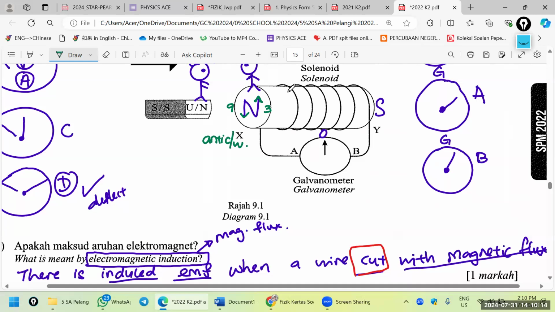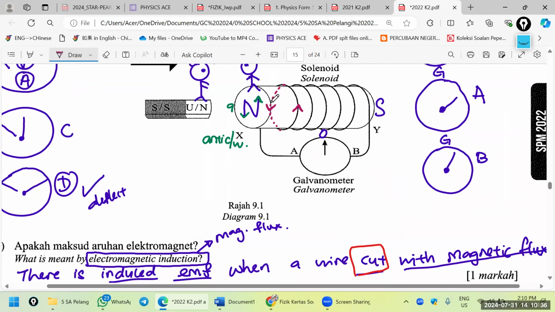Anti-clockwise means, actually here there is a hidden coil. Can you see the hidden coil? It's behind. So actually it is your right. If you see from here, right goes up, left goes down.